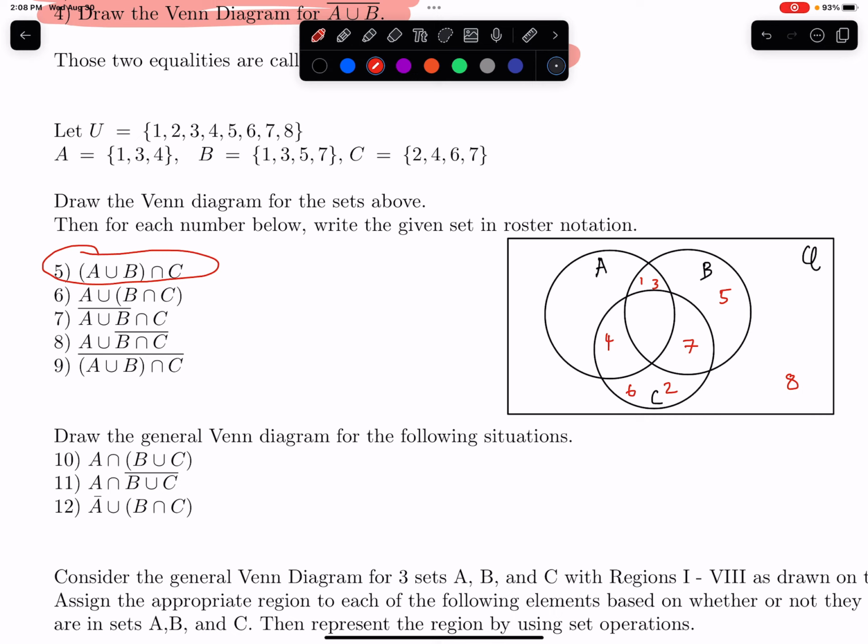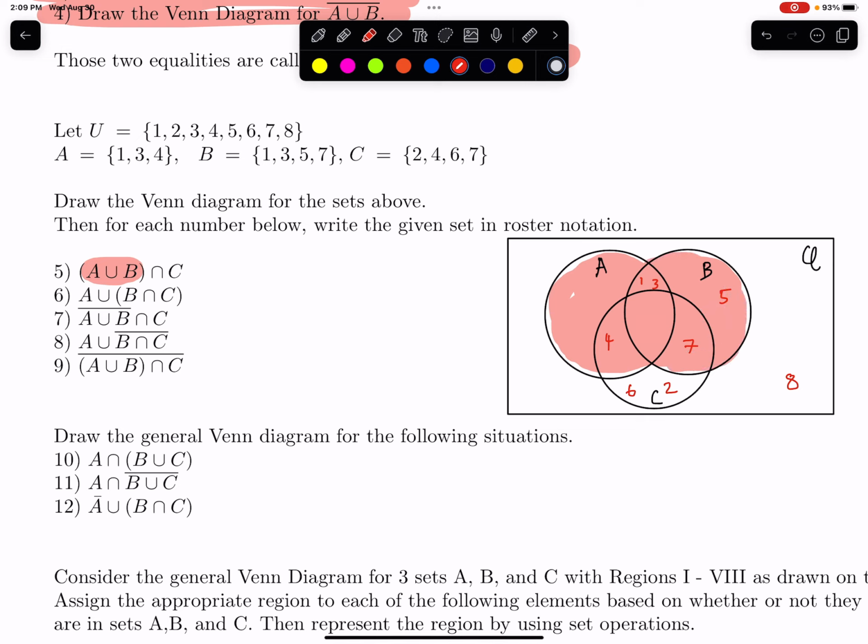It says A union B intersect C. Just going by order of operations, the A union B has parentheses, so of course that's going to be first. I'm going to shade that here in the pink. Just kind of a rough shading here. I'm not going to shade it perfect like I was before. Okay, so that's A union B in the pink part.